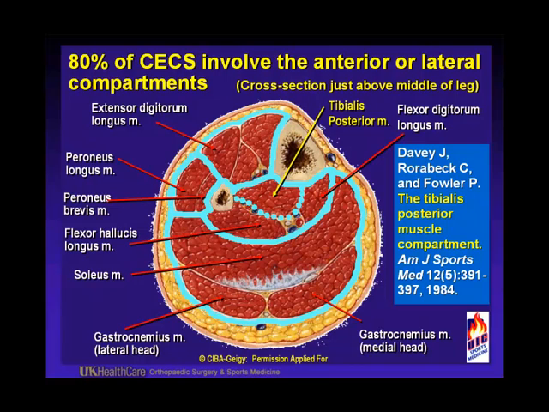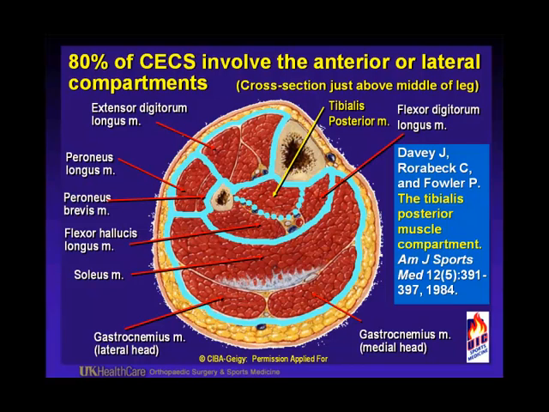So when we look at this cross-sectional view of what's in the compartments, the posterior compartments have gastroc and soleus superficially. Deep are the flexor hallucis longus, tibialis posterior, and flexor digitorum longus.